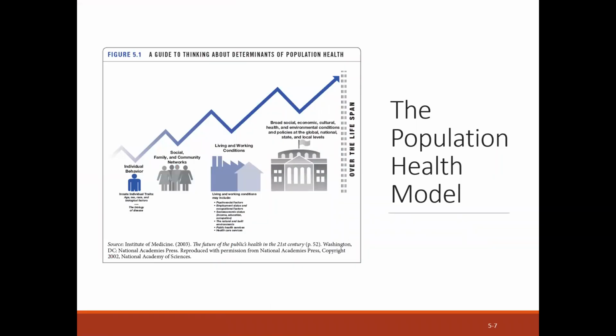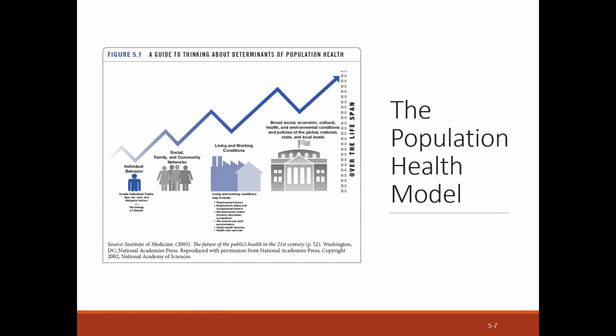You also see in your textbook a good figure that's talking about how determinants of population health interact and ultimately contribute to the health outcomes. Understanding that individual behavior really is the starting point in that lower rung.